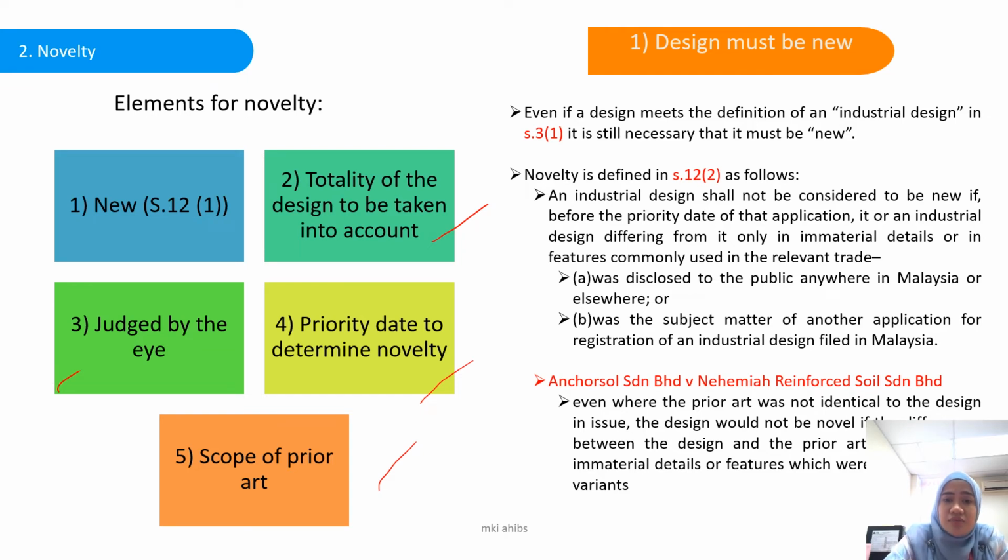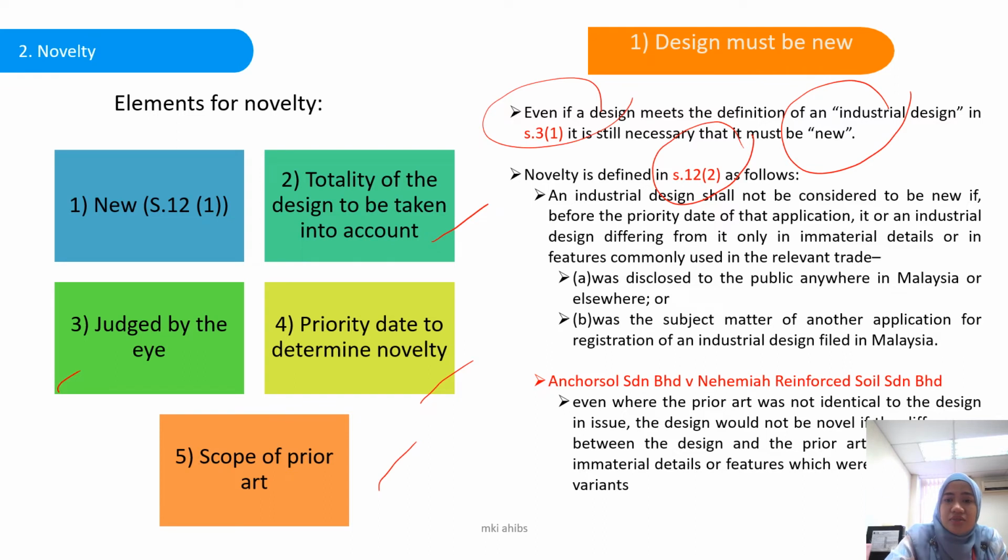Even if the design meets the definition of ID under section 3 just now, it has fulfilled the positive aspect, it has fulfilled the negative aspect, but still it must be new. How do we know this? This is provided under section 12 subsection 2.